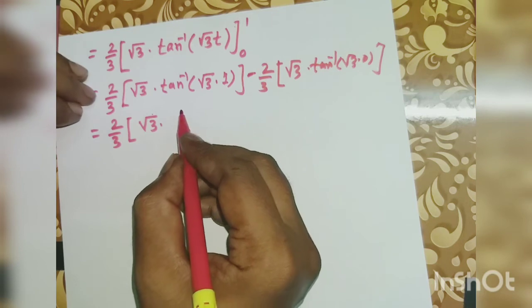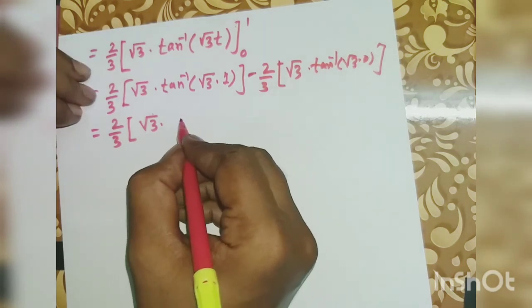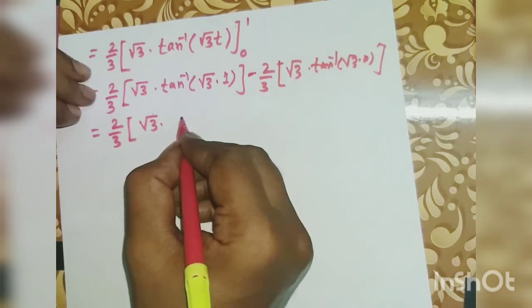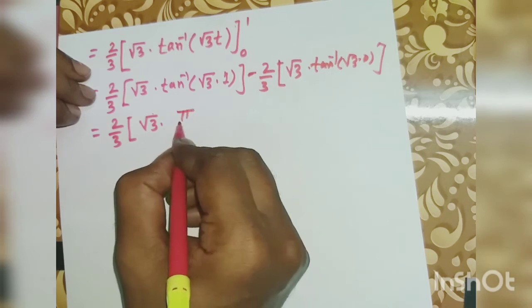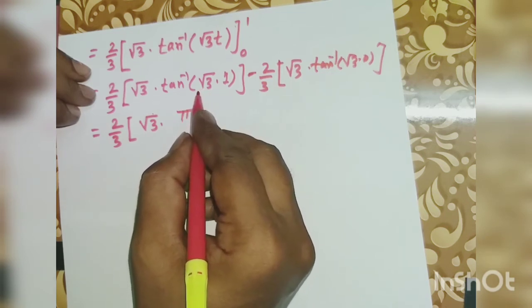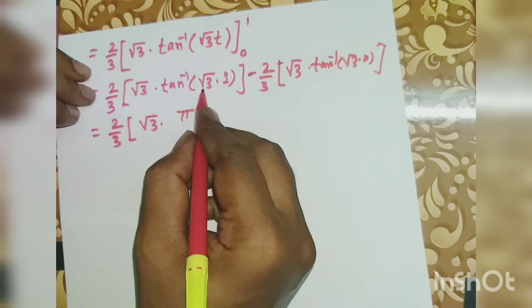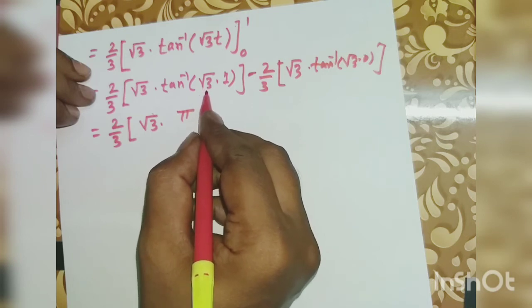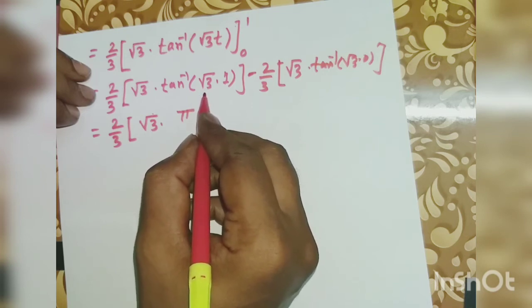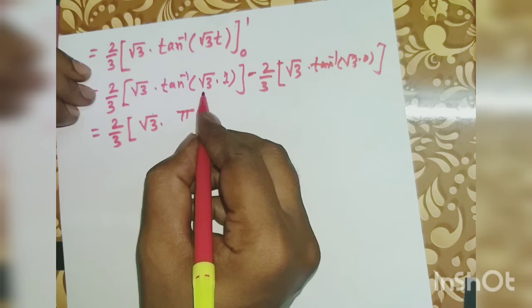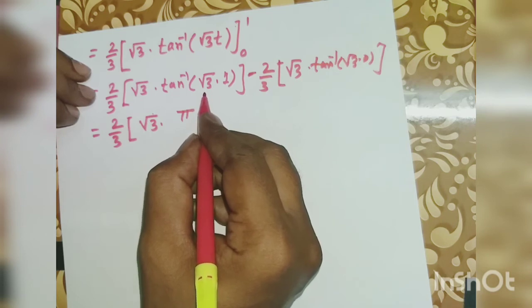Tan inverse root 3 is pi by 3, because tan 60 degree is root 3 and tan 30 degree is 1 by root 3.